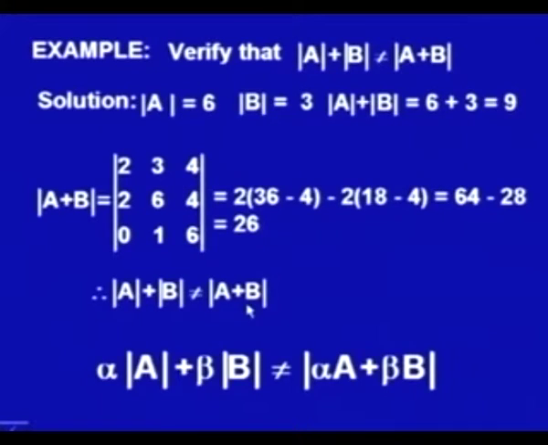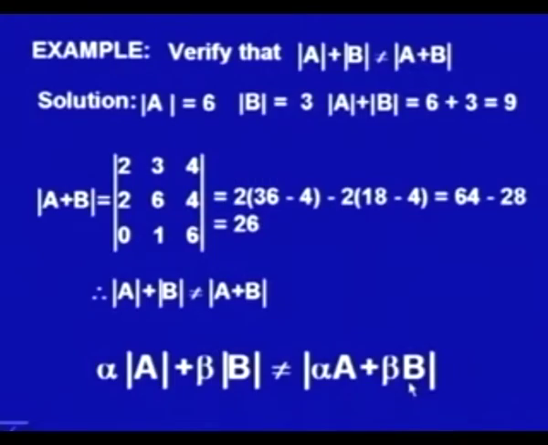This is a linear property, so it must hold for determinants, but we have verified that this is not true for determinants. One has to be very careful about it. That is the basic difference between determinants and numbers.